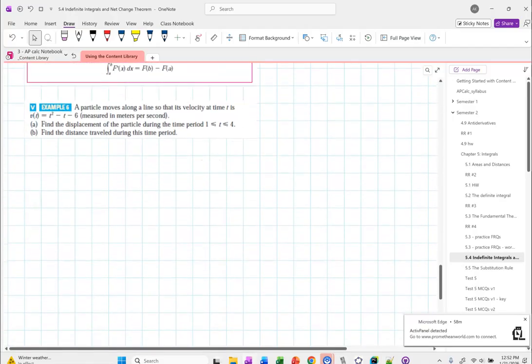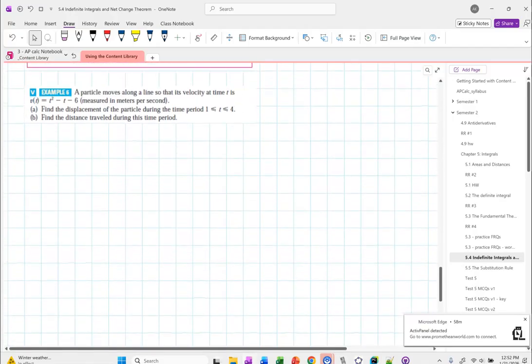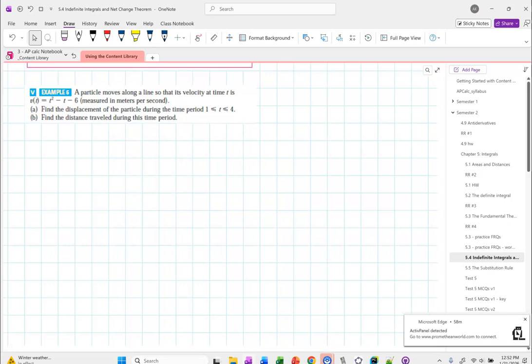Let's look at a specific example. So it says a particle moves along a line so that its velocity at time t is v of t equals yada yada yada. Find the displacement of the particle during the time period 1 to 4. What does displacement mean?